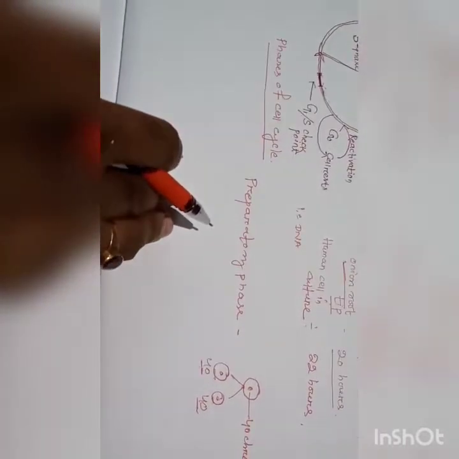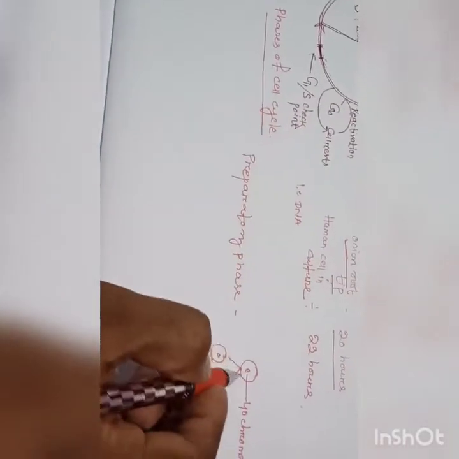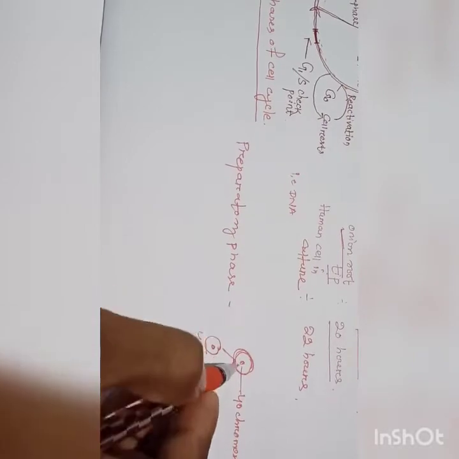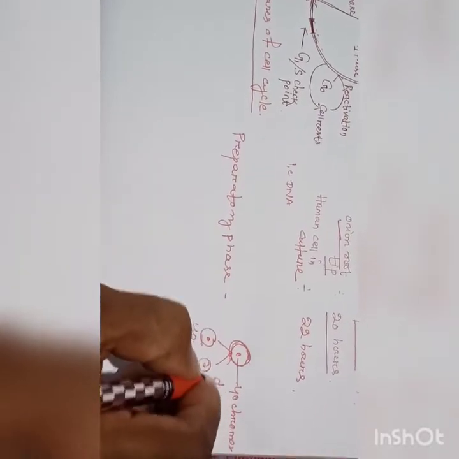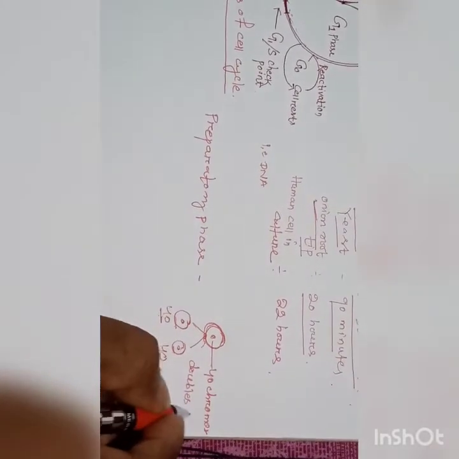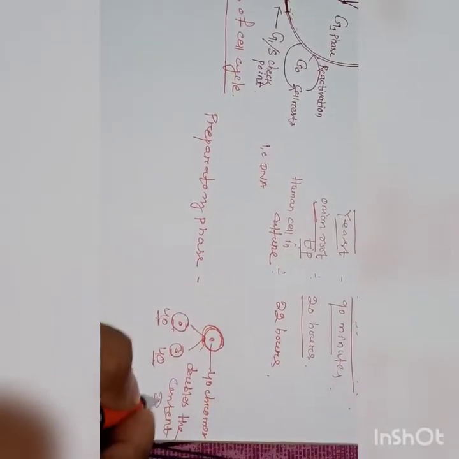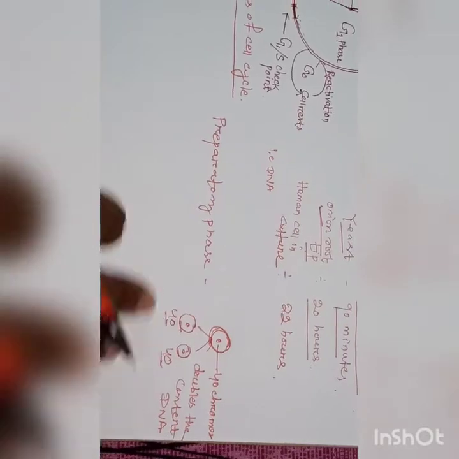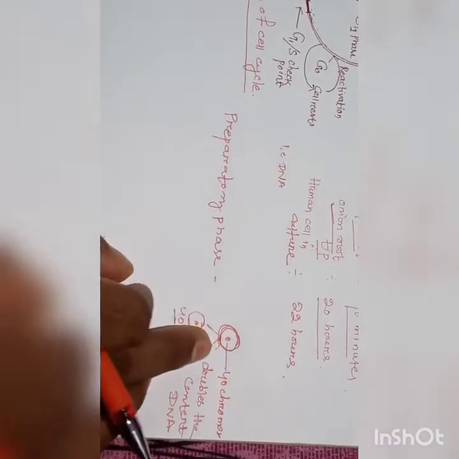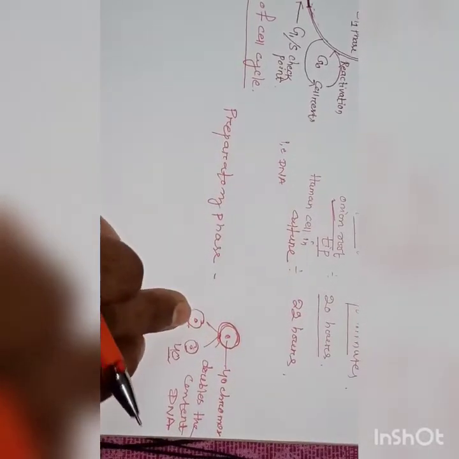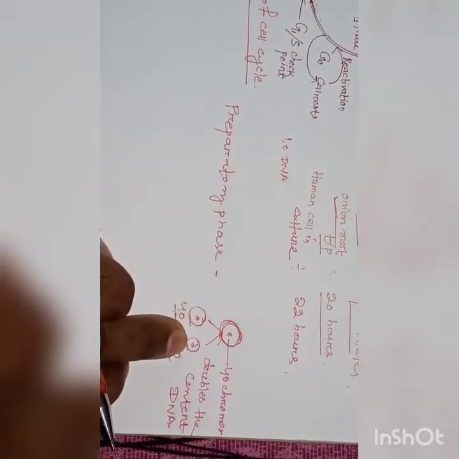This is possible because the mother cell first doubles the content of DNA. Then it distributes the DNA or the genome equally between the two daughter cells.